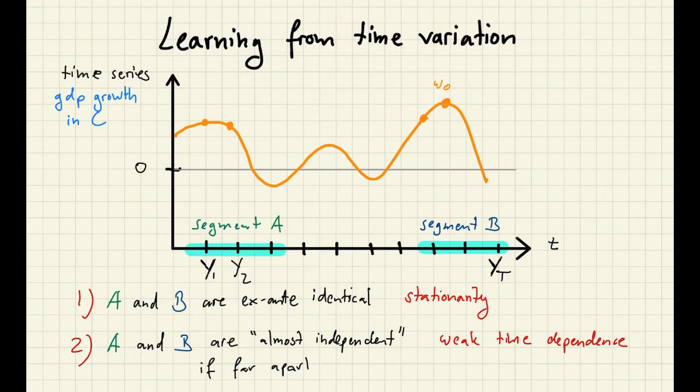So here we observed today positive GDP growth and also tomorrow positive GDP growth. And here it's sort of the same relationship. Now if the time series is also weakly dependent, then observing the same relationship here as here is actually new information, so that we can be kind of sure that this is a general pattern rather than just a pattern that we saw once randomly.